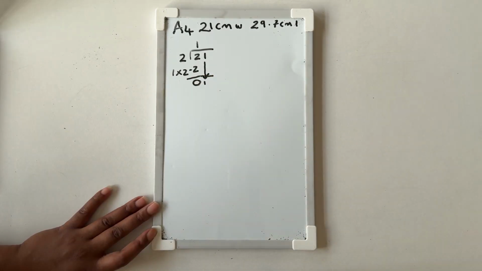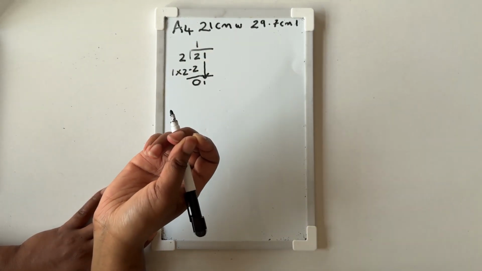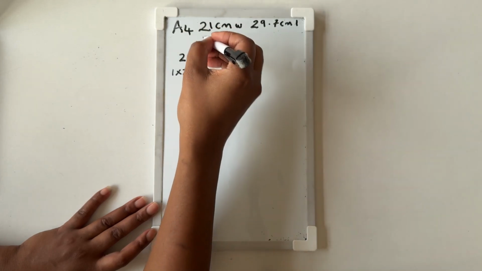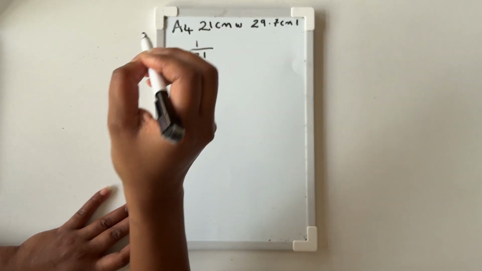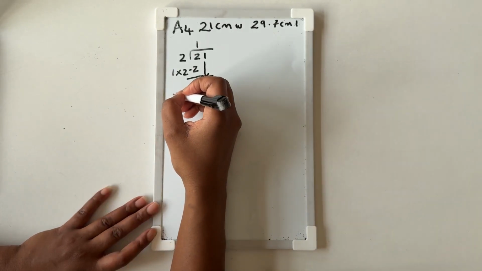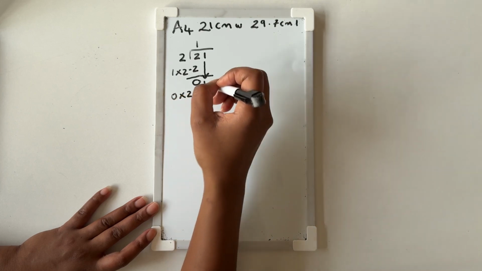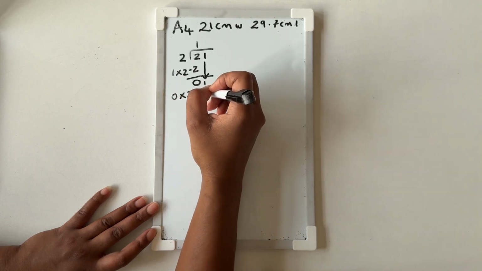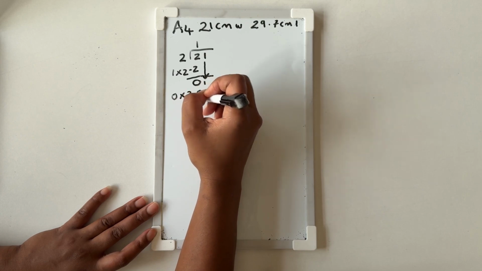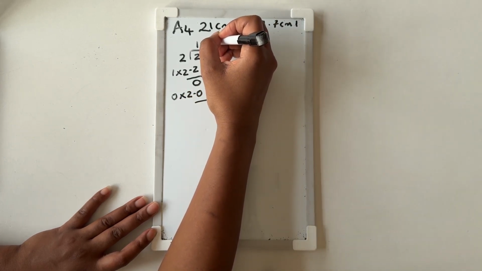Does 2 fit into 1? No, it does not. Now we still have to write a value in the 1's place. 0 times 2 is 0. Minus the 0, put 0 here.